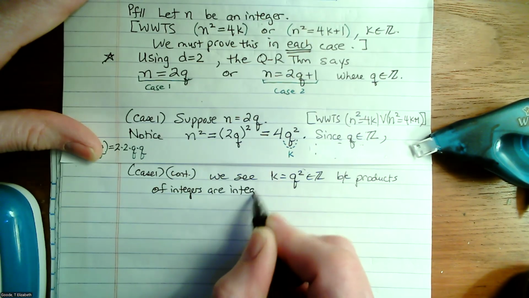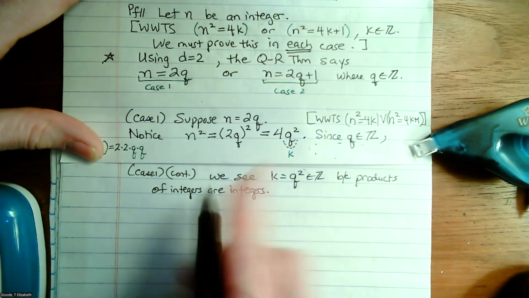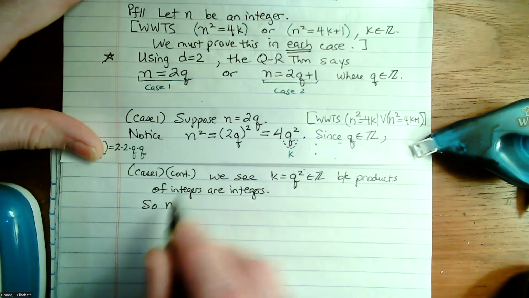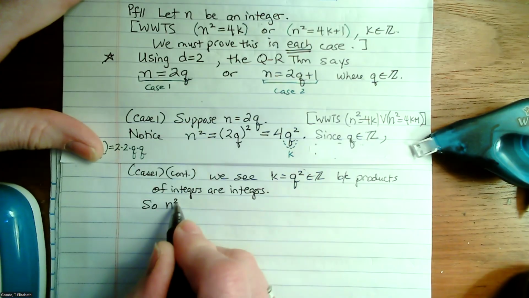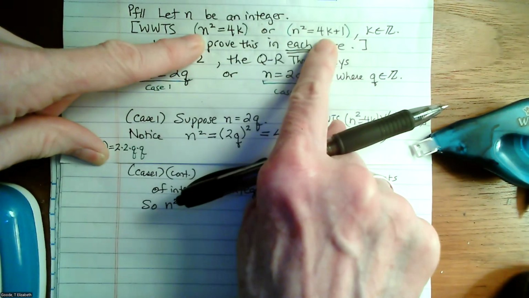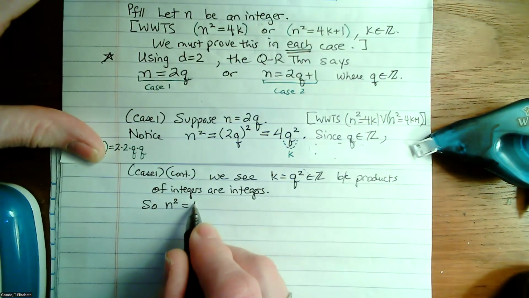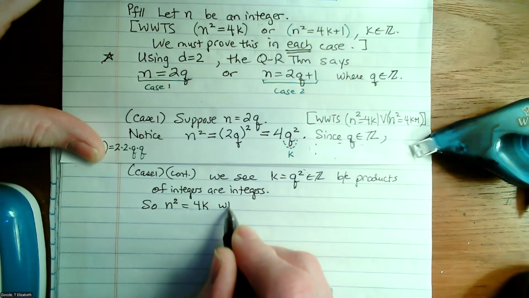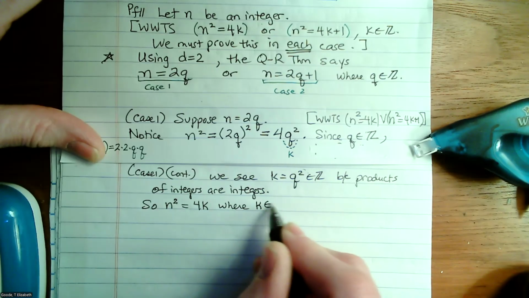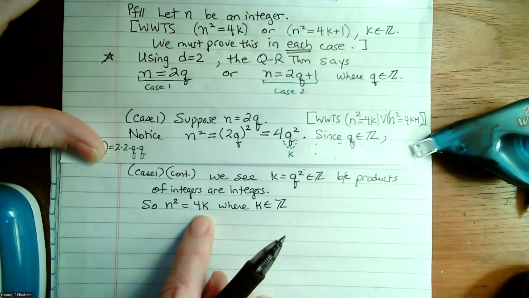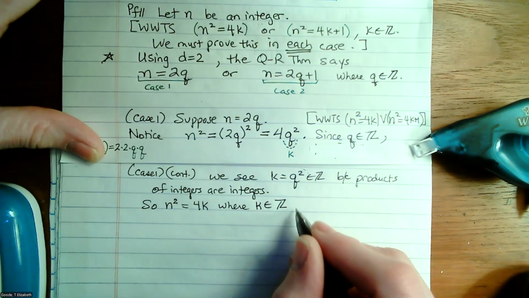And so what we've done now is we've proven that n squared, which is what we wanted to say something smart about, is equal to 4k, where k is in Z. So in this case, n squared winds up looking like 4 times an integer k.